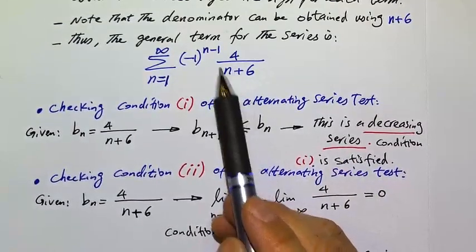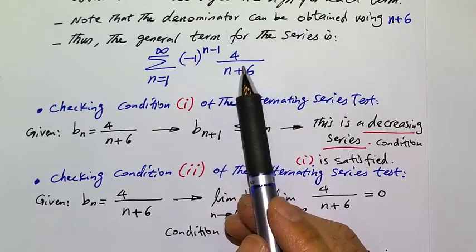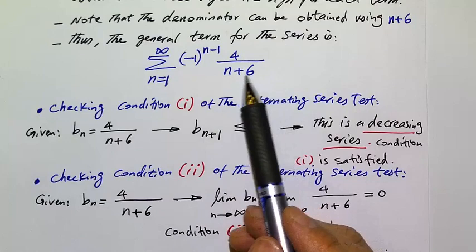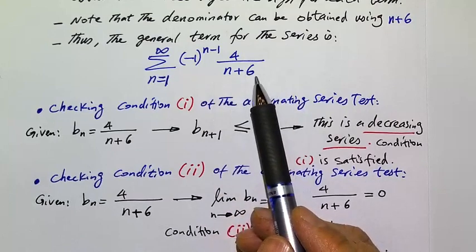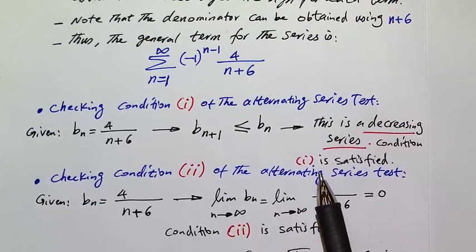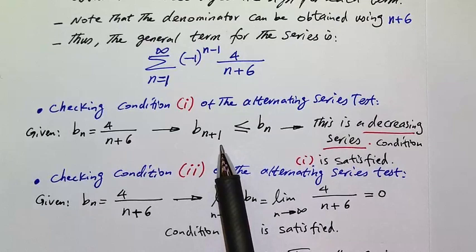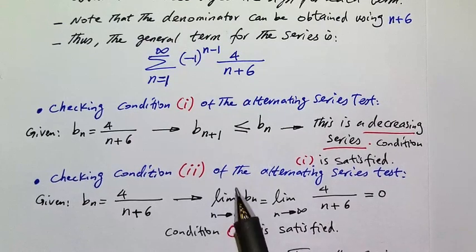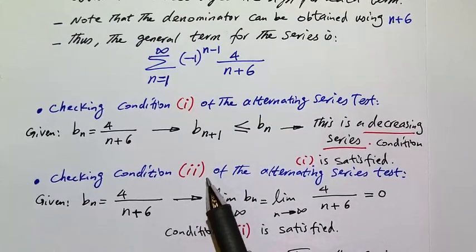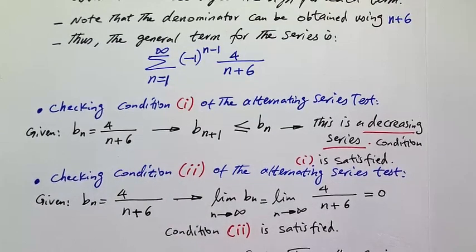In other words, we will treat the bn, this ratio or quantity that represents bn, as a function. Then we will take the first derivative of it, as we learned how to do in Calculus 1, and look at where the first derivative is negative. In all those regions, the original function has to be decreasing. Sometimes we have to do that. It's not always as quick and easy as that for condition 1.